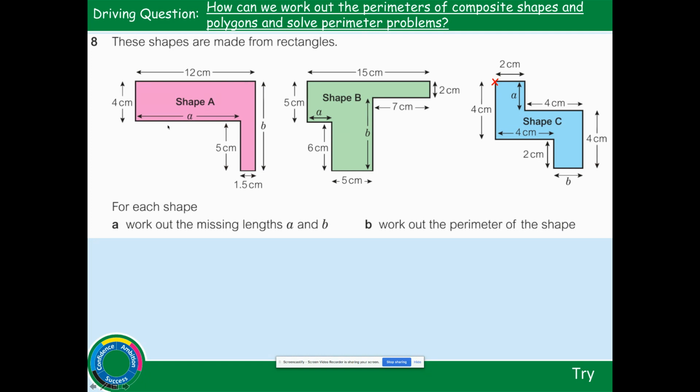You know that that's the mystery you're trying to find, but you do know that part of it. For B, which is this vertical line, you don't know what that is, but you do know that part, and you do know that part. Press pause, have a go, and then we'll go through the answers.